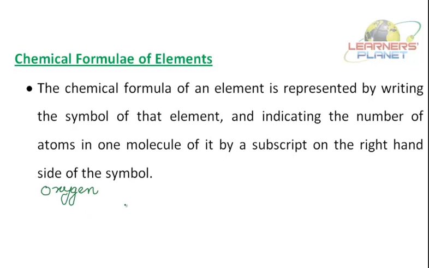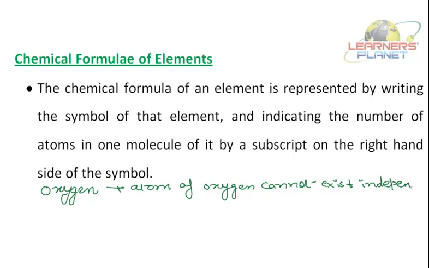Now, an oxygen atom cannot exist independently. Right? So, what is an atom? An atom is the smallest unit of an element. So, an atom of oxygen cannot exist independently. Right?